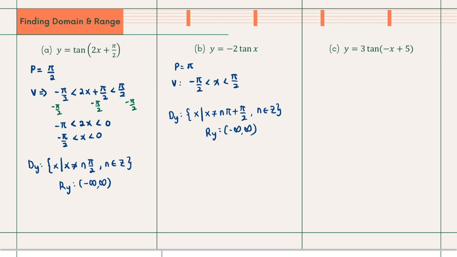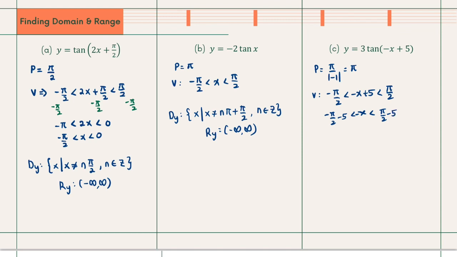Okay, so last kali, so kita cari period kepada this function. So, pi over modulus of negative 1, so kita dapat pi sahaja. And the vertical asymptote will be negative pi over 2 less than negative x plus 5 less than pi over 2. Okay, so kita akan pindahkan negative 5 dahulu. So, negative pi over 2 minus 5 less than negative x less than pi over 2 minus 5.